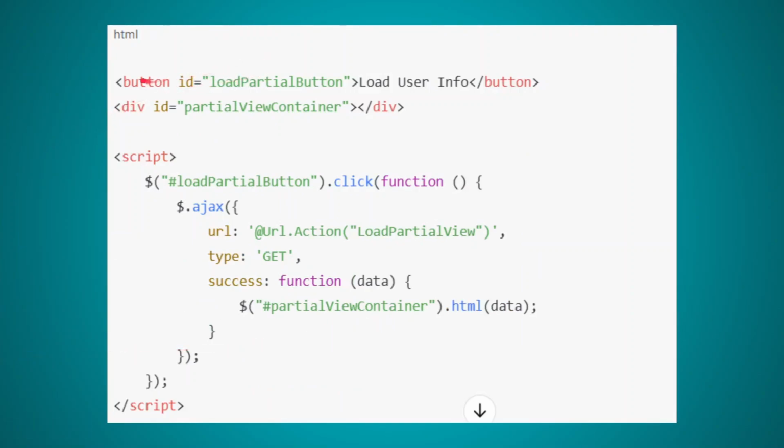In the HTML page we have a button, and with the id of partial view, the render section is okay. And in the script section we have a load partial button, this is the one, and we have a click function. In the click, at Url.Action we are returning LoadPartialView, and type is GET, and on success the partialViewContainer, and the data is going to be printed here.